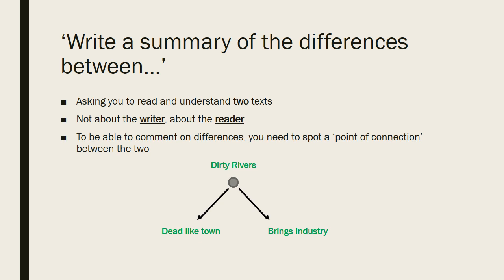What do they say about the rivers? In Aberfan, the river is dead, in the same way that the town is. In London, the river is part of the lifeblood of the city. It brings industry to the city. So you see, it doesn't have to be massively complicated. It's just finding the connection and being precise in what we say.